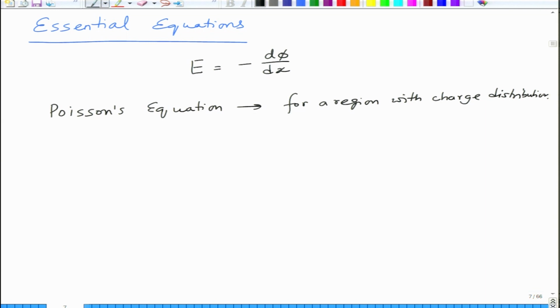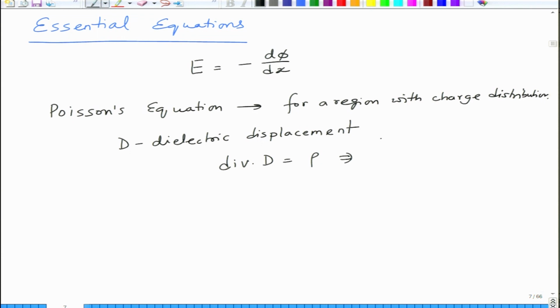If D is the dielectric displacement, then divergence of D is equal to rho, where rho is the charge density.